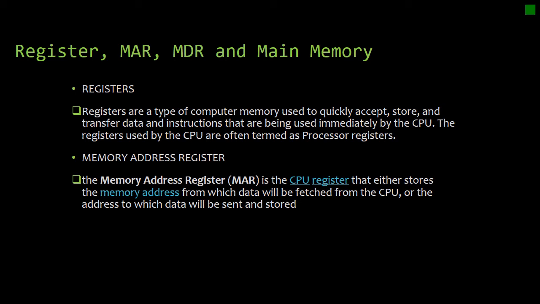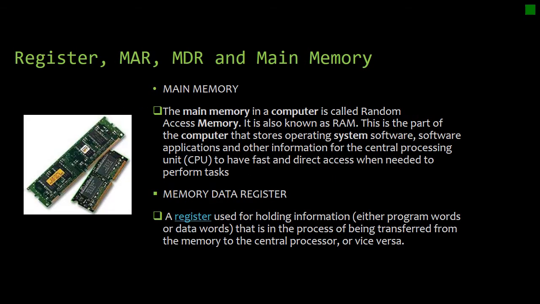The memory address register, or the MAR, is a CPU register that either stores the memory address from which data will be fetched from the CPU or the address to which data will be sent and stored. The main memory in a computer is called the random access memory, which is popularly known as the RAM.